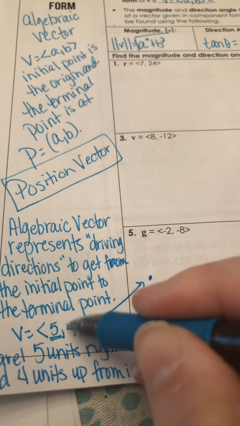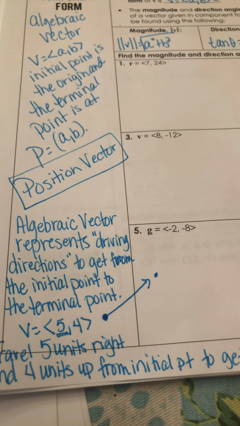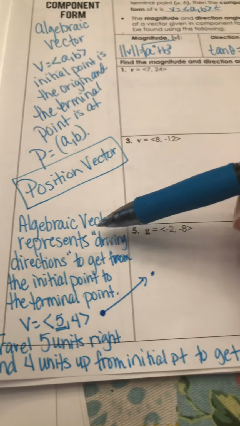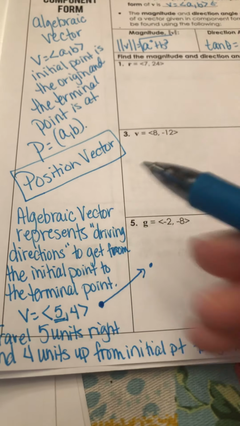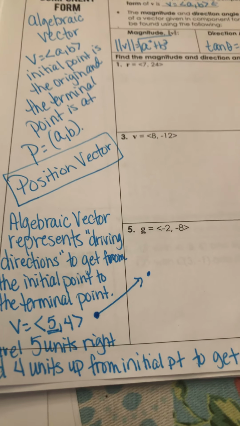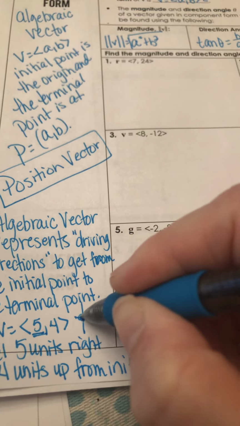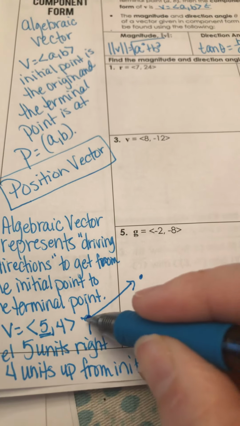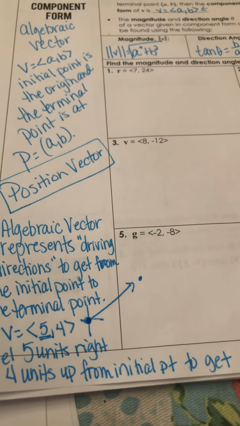This is going to be your up and down, of course, depending upon if it's positive or negative. So again, algebraic vectors represent driving directions that will get you from the initial point at the origin to the terminal point. This would be our coordinate plane. This would be the origin. I would go 5 to the right and then 4 up to get to my terminal point.